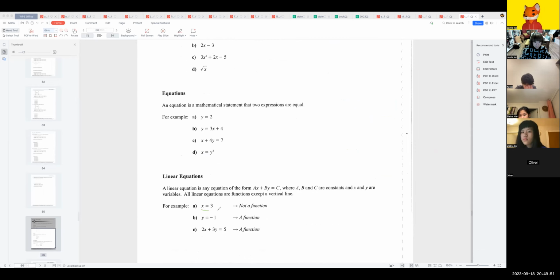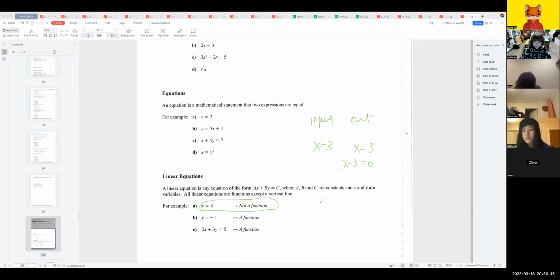X equals 3 is not a function. Why? Because it's not having the value of y. Remember, I said a function is having an input and an output. So why can't x equals 3 be a function? Because x equals 3 is equal to x minus 3 equals 0.